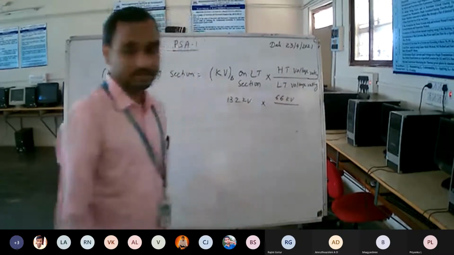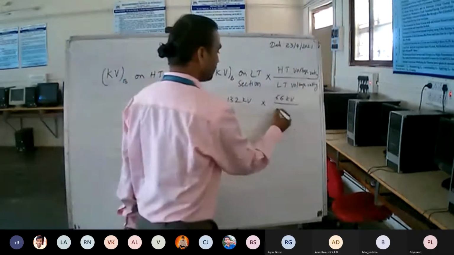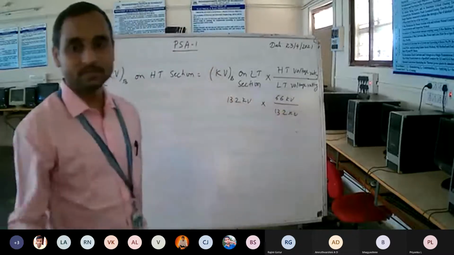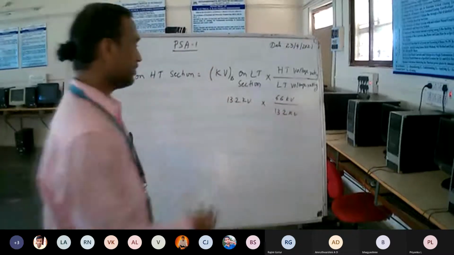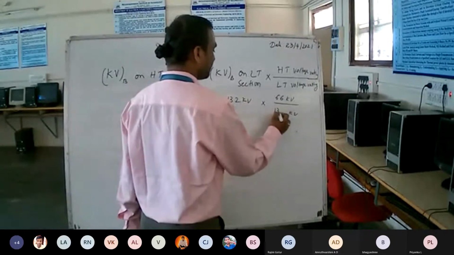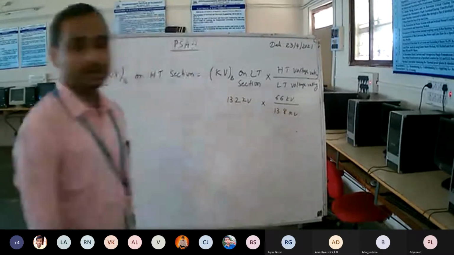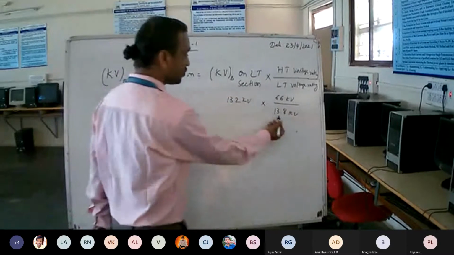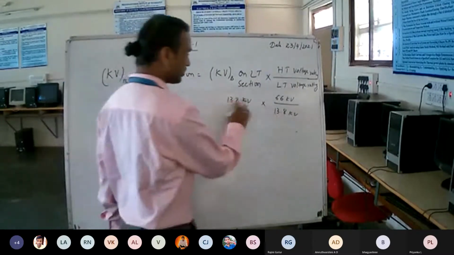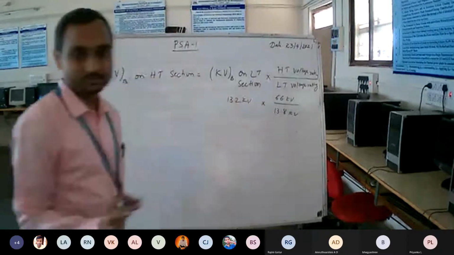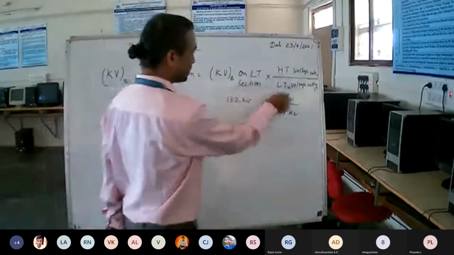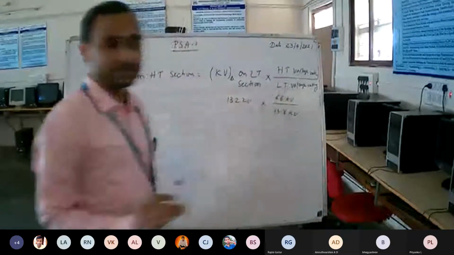Suppose generator voltage rating is 13.2 kV and HT rating is 66 kV. The LT voltage rating is almost equal to 13.2 kV, or sometimes it does not equal. It may vary, so instead of 13.2 it may be 13.8 kV. At that time these two are different. In almost all cases, these two, the LT section and LT voltage rating, are equal.